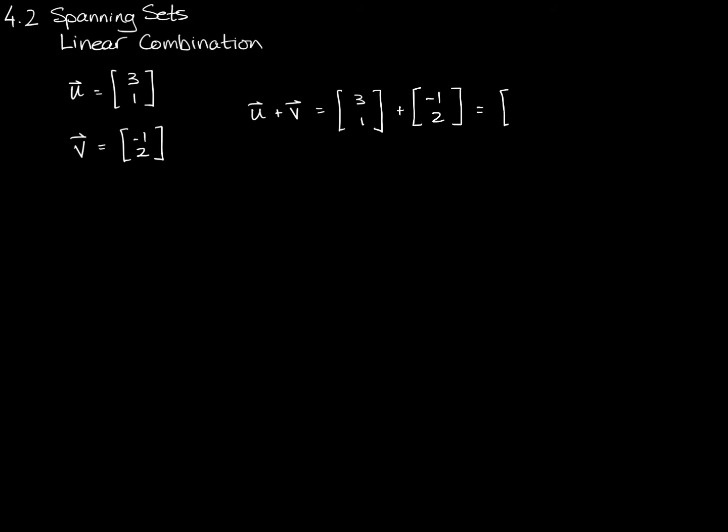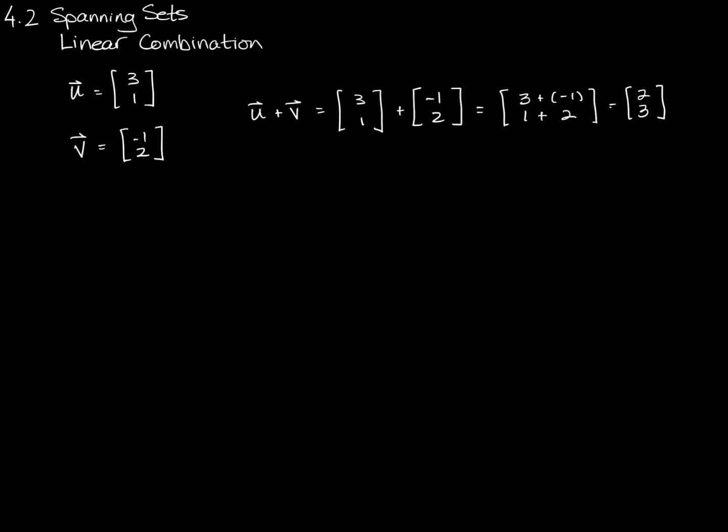I'm doing the long way here just to remind you of what's involved: 3 plus -1, 1 plus 2, and that gives me (2, 3). So this is vector addition. It takes the real number components of each vector and just combines them into a new vector.